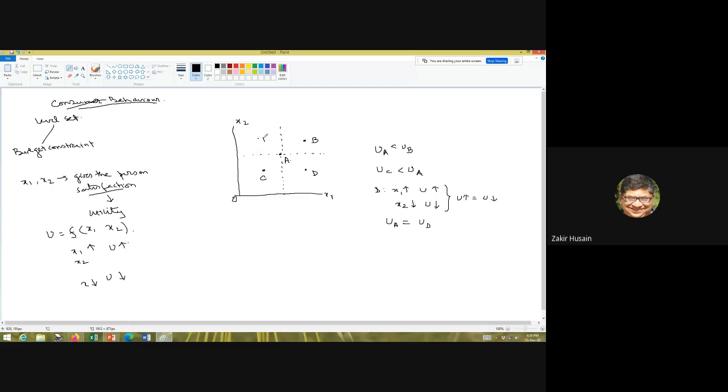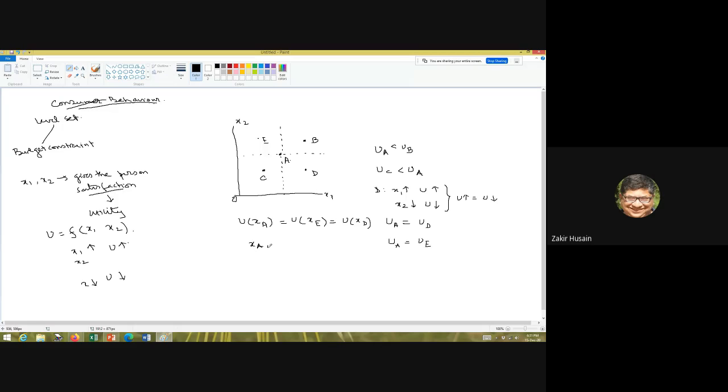So we can take another point like this, E, and here also we can fine tune. Here, the opposite happened. X1 decreases, X2 increases, and we can choose them such that utility is the same. So that means utility of A is equal to that of the others.